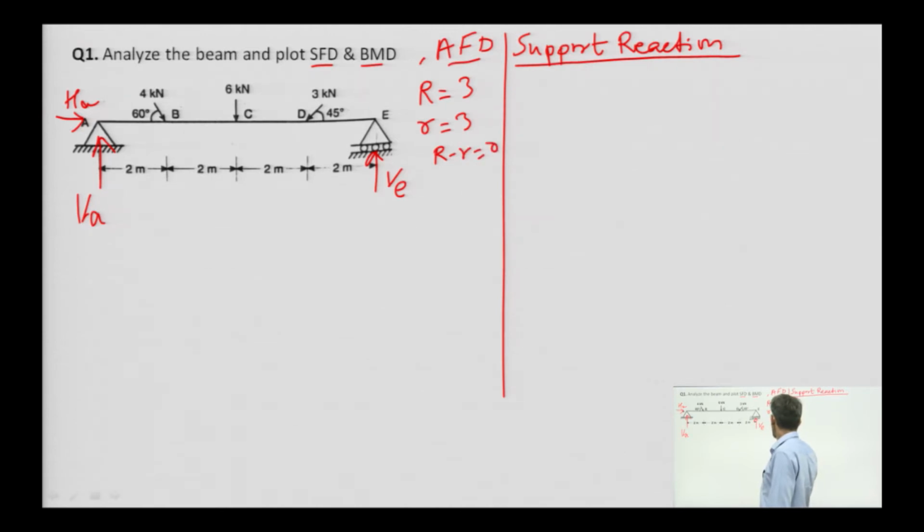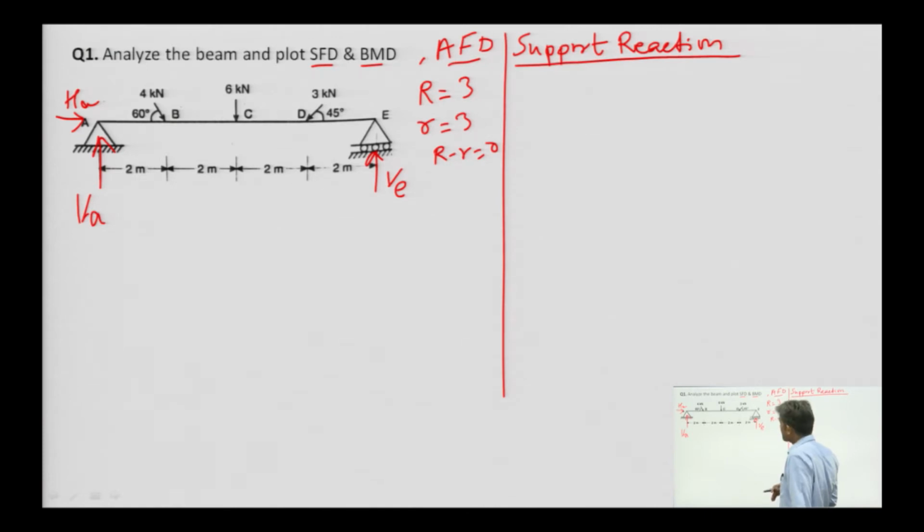So static indeterminacy is 0. That is why this beam is statically determinate. It means we are able to analyze this beam only with the help of available equilibrium equations. HA and everything we will be in a position to calculate.